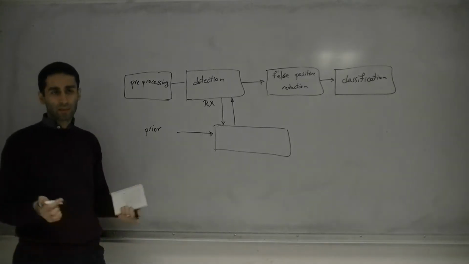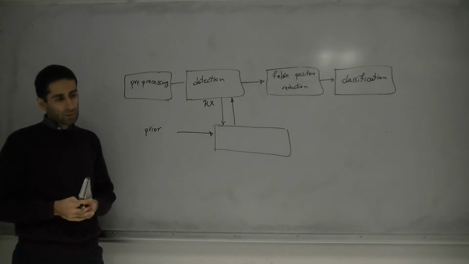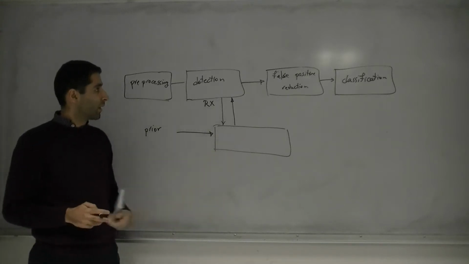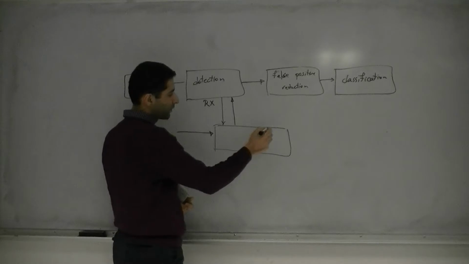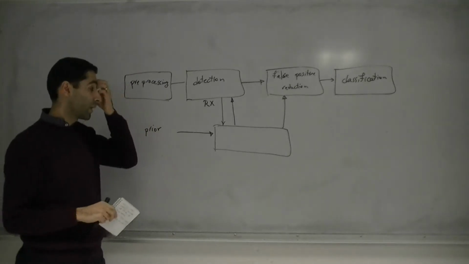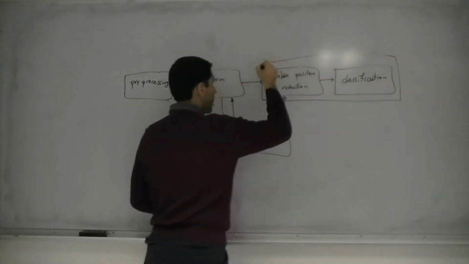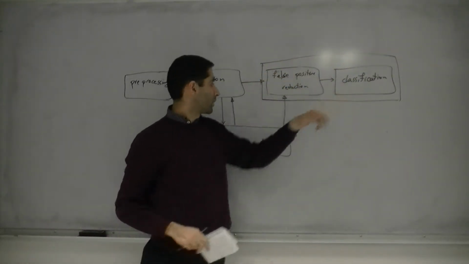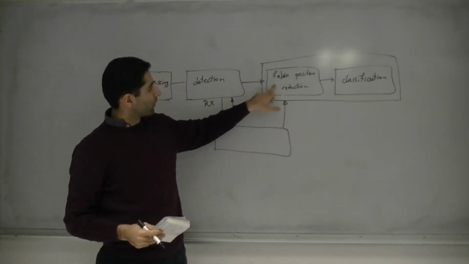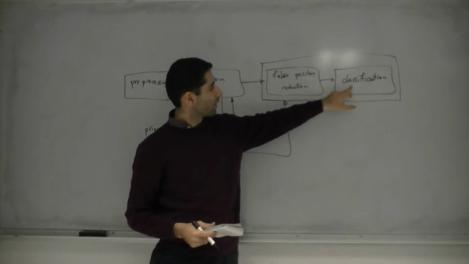There are also some training steps, for example, we can train the system on test images and training sets, and after that we add the information of this part not only for the false positive reduction, but to both of these two steps, both false positive reduction and classification.